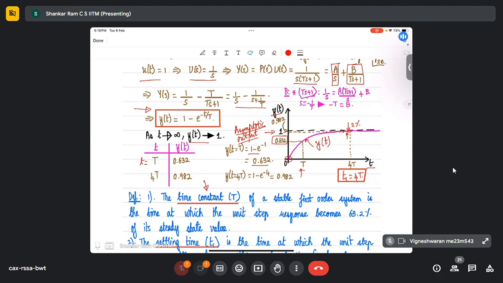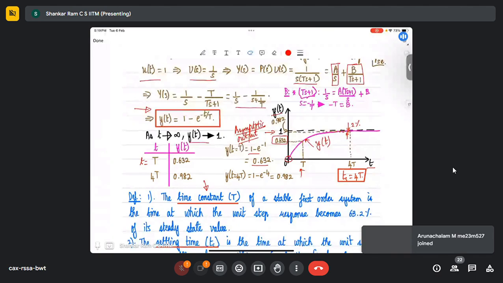But now, how do I make a choice? If I have to choose one of the designs, I have to make up my mind on which design is good. So to help me do that, I would also want to ask myself, which of the designs will settle down to the final value in the fastest possible time?